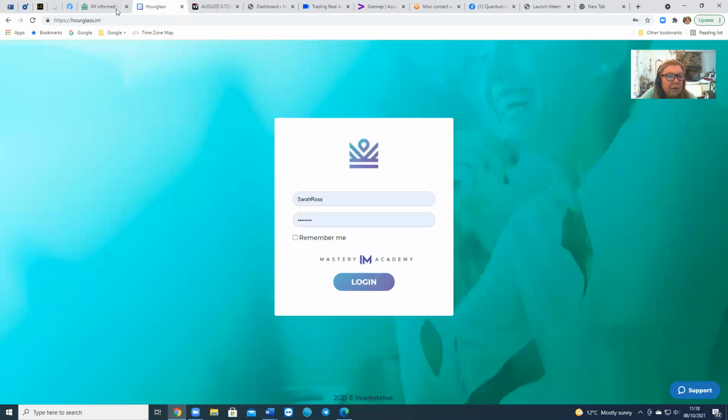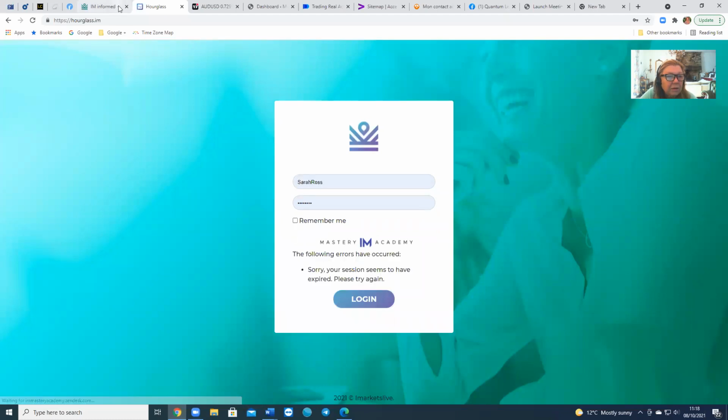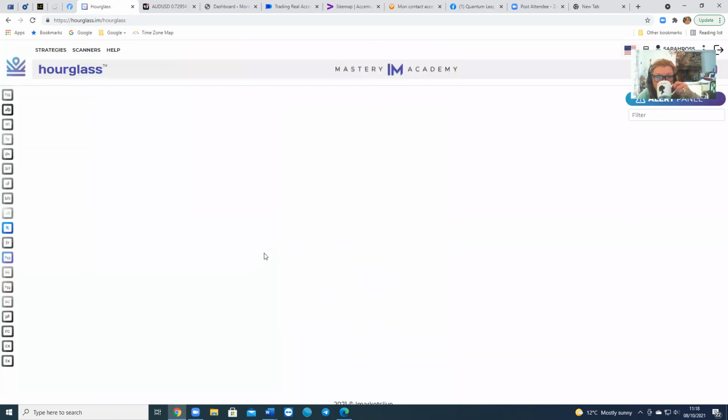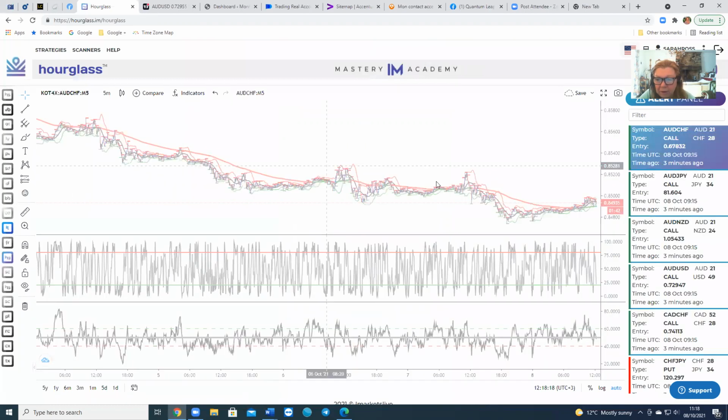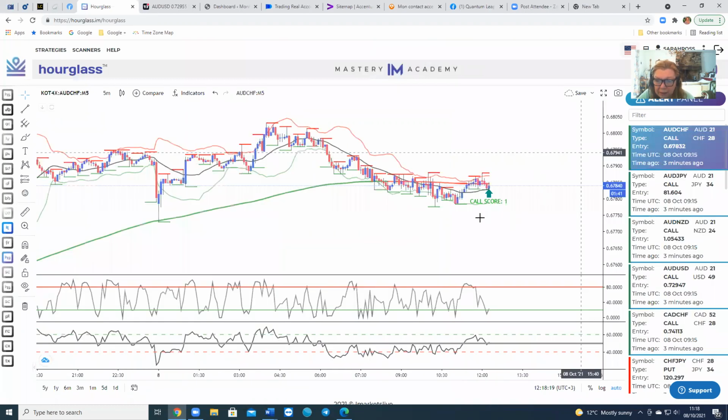Let's come over to HourGlass, to log in again. This is one of the scanners that we use on 5-minute trade idea that it's calling out for us.